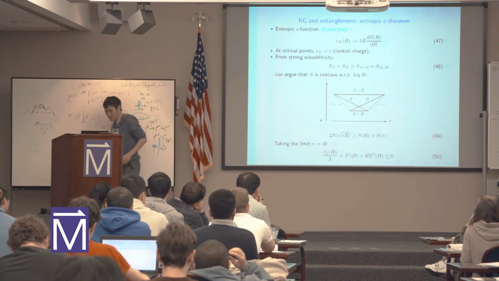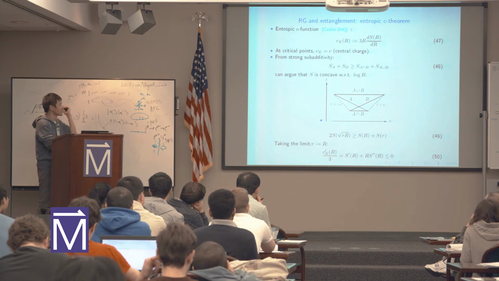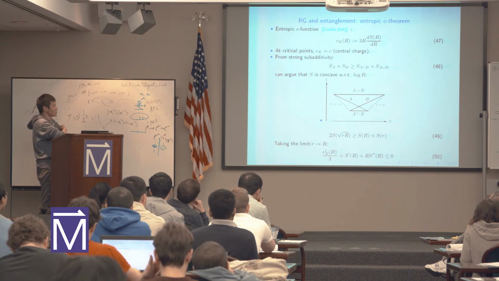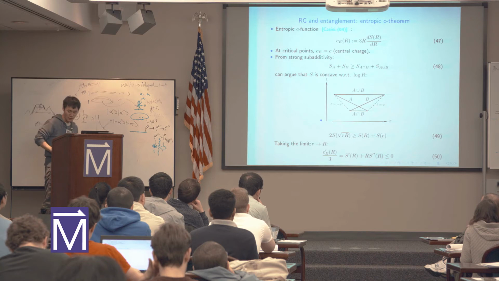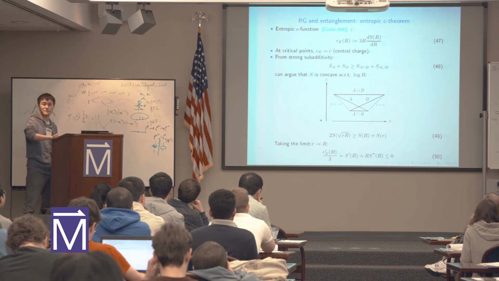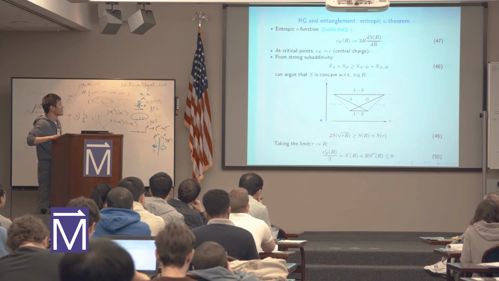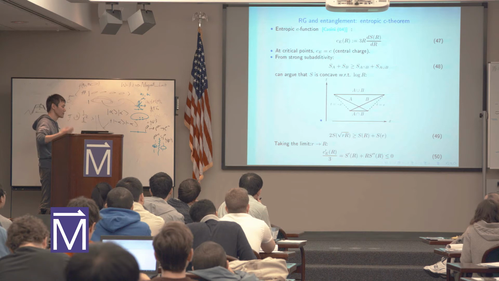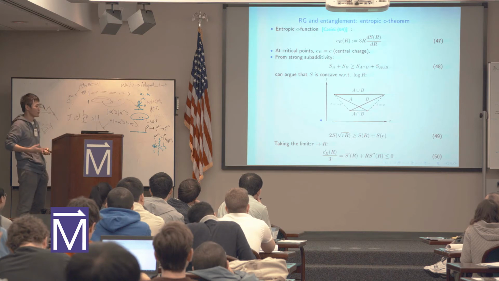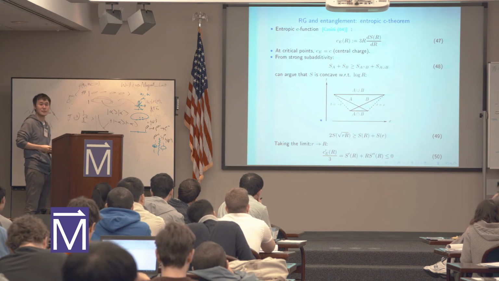But anyway, I just want to mention that strong subadditivity is crucial to prove the monotonicity of the entropic C function. Okay, so I think that's pretty much all I wanted to say for 1+1D CFT or perturbed CFTs.